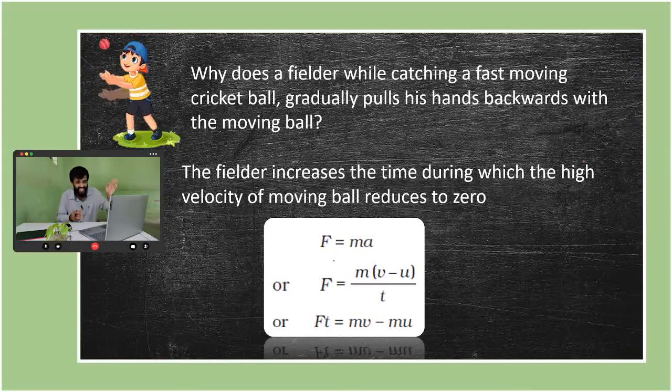And what is done? The t is multiplied on the other side, and F t, that is force into time, is equal to m v, mass into velocity. What was it? Momentum. So that impact is dependent on force and the time. So you increase the time to reduce the impact.